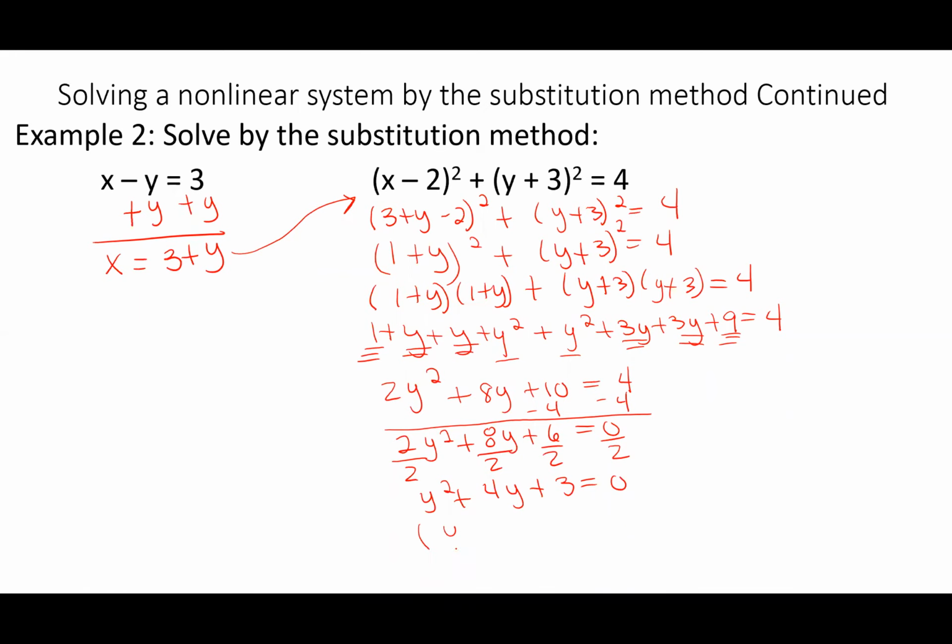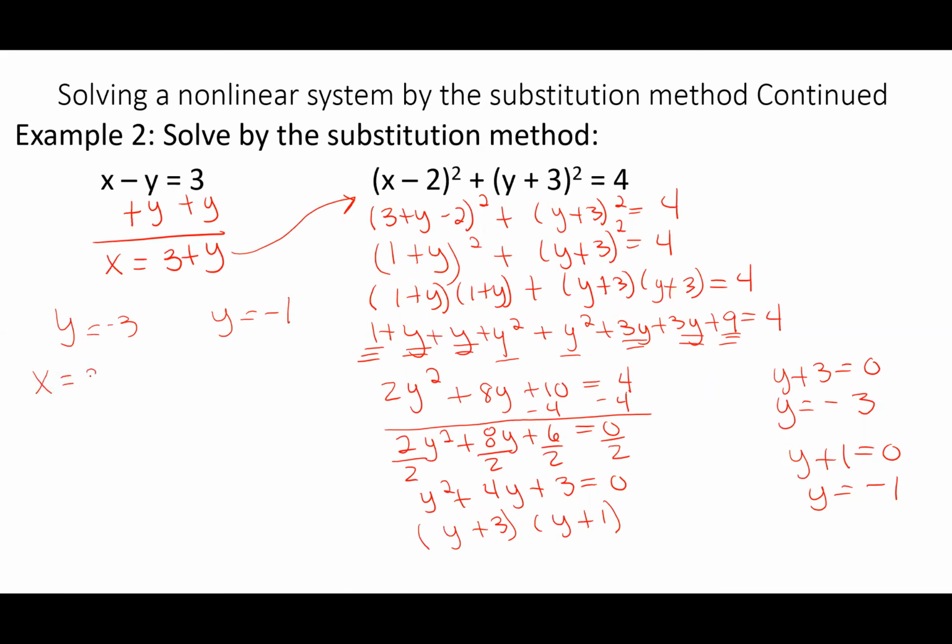So when I factor, I get y plus 3 and y plus 1. If y plus 3 equals 0, I get y equals negative 3. If y plus 1 equals 0, I get y equals negative 1. Bringing both of those y's back over to my first equation and finding the corresponding x, which is 3 plus the y.